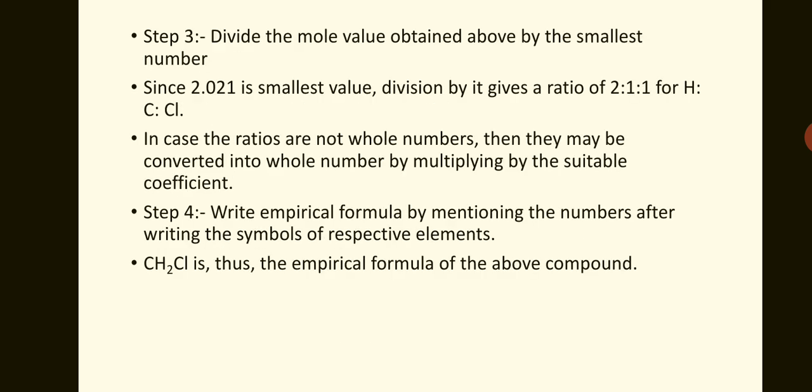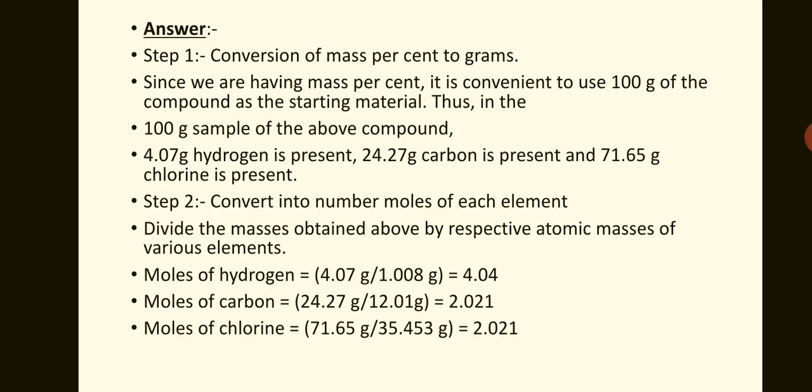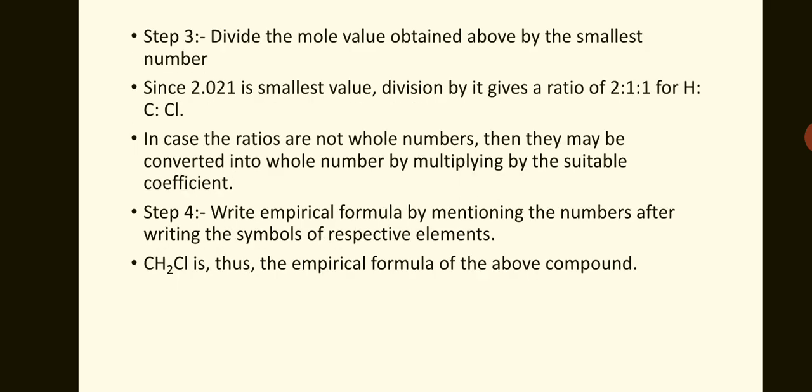Now move on to step 3. Divide the mole value obtained above by the smallest number. Since 2.021 is the smallest value, division by it gives a ratio of 2:1:1 for hydrogen, carbon and chlorine atom. 4 divided by 2 you will get 2, 2 divided by 2 you will get 1, 2 divided by 2 you will get 1.